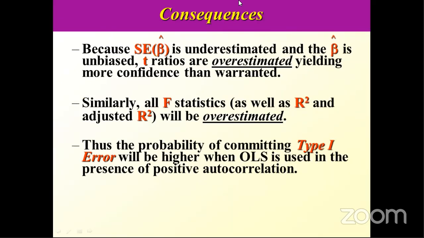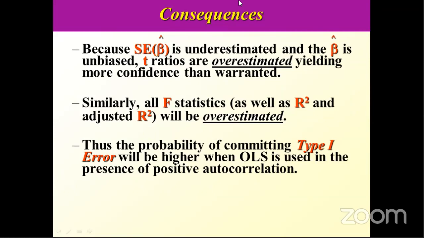You are rejecting a true null hypothesis, or committing an error of rejecting a true null hypothesis, because of the presence of positive autocorrelation. As I have just told you, these are almost the same consequences you already noted in the consequences of heteroscedasticity.